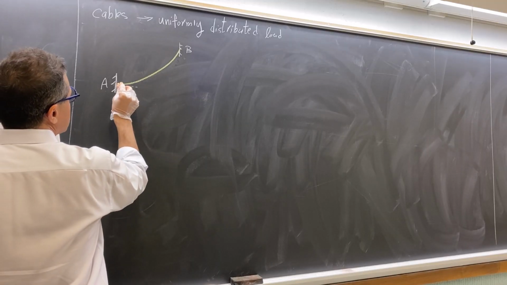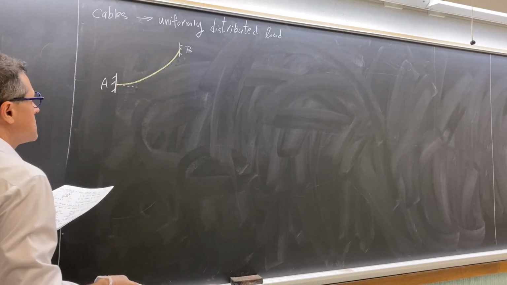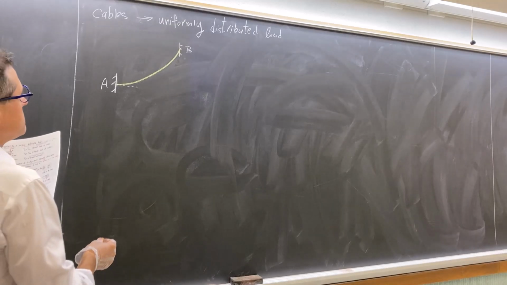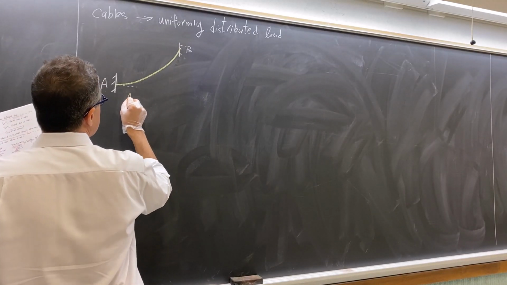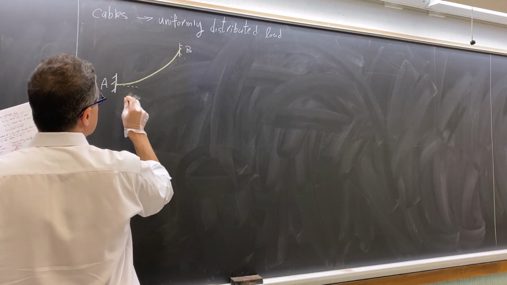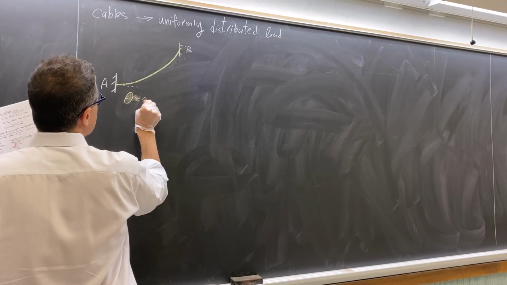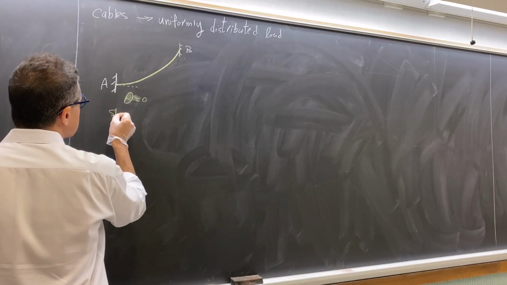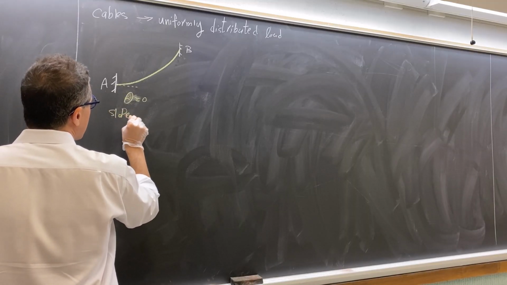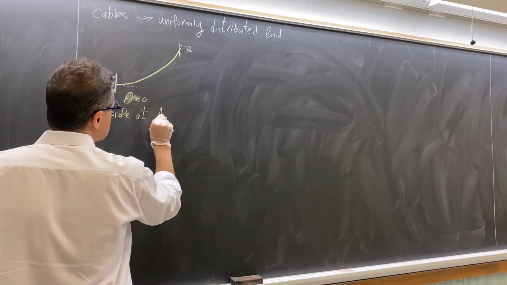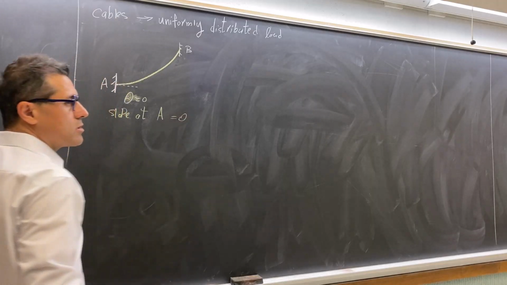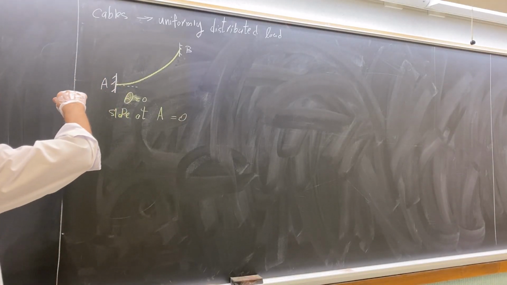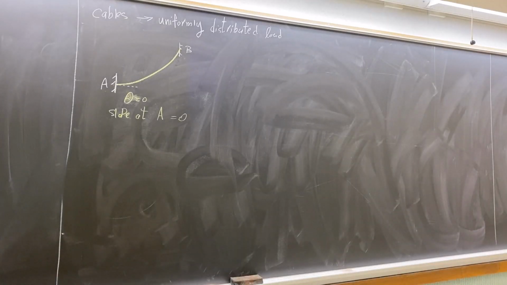It means that at point A, theta is 0. What does it mean? It means the slope at point A is 0. If you draw a tangent line at point A, that tangent line would be a horizontal line.